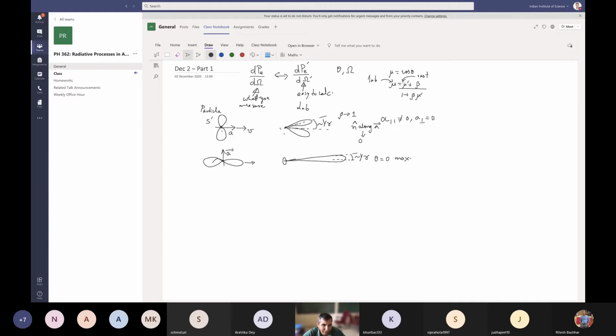So all this frame transformation does is it distorts this beam and makes it forward beamed in both cases. Okay. So these are actually very, very important. Don't just get lost in the mathematics. This concept of forward beaming and aberration is very, very important.